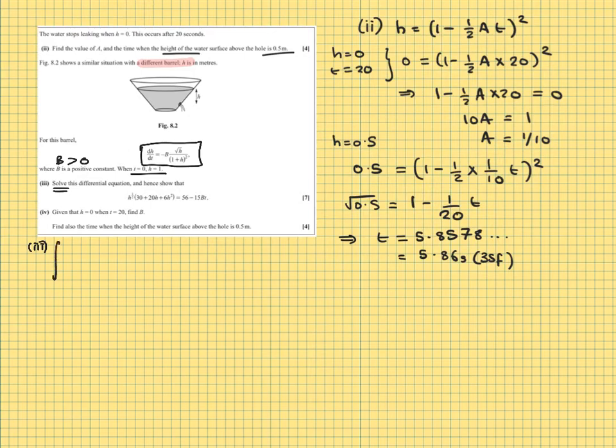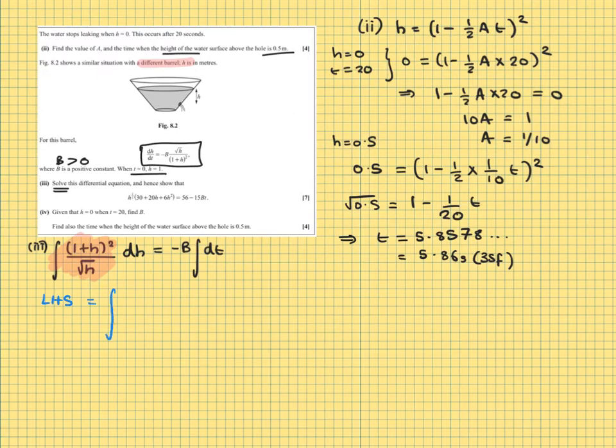So separating the variables, I've got 1 plus h all squared over root h, integral with respect to h, equals negative b, the integral dt. Now, we have seen an integral like this in a previous lesson. So let's look at the left-hand side.